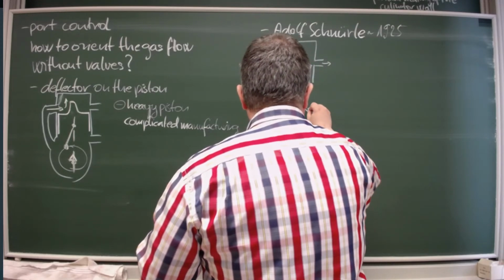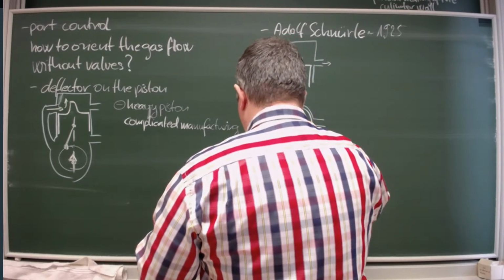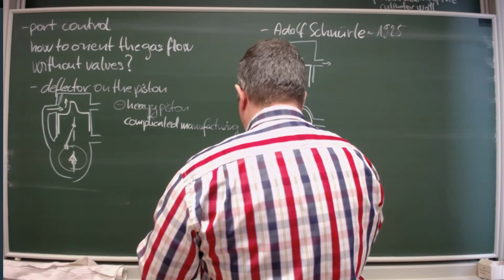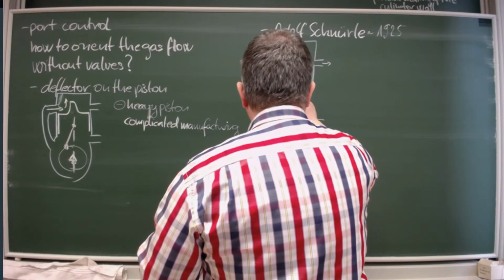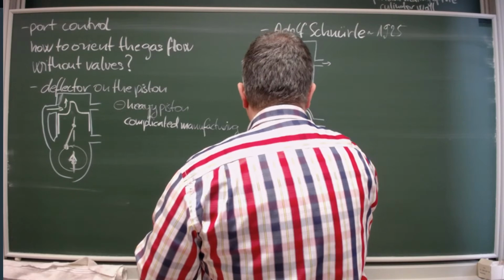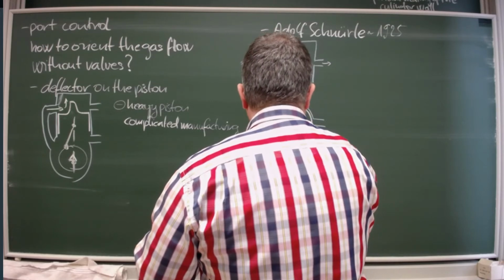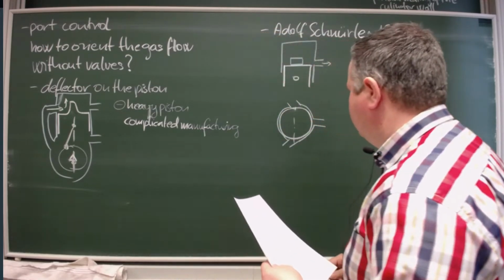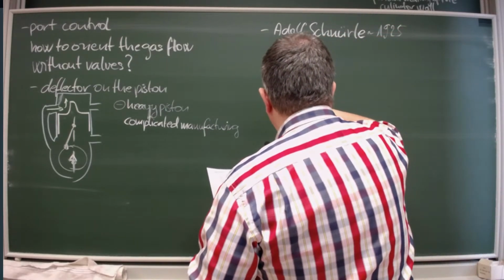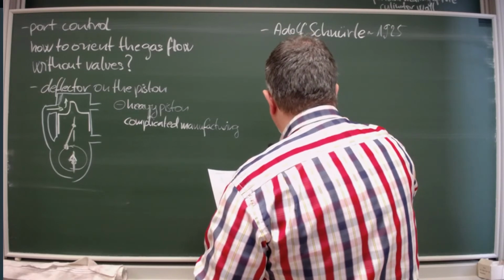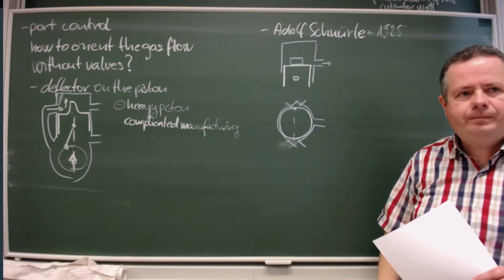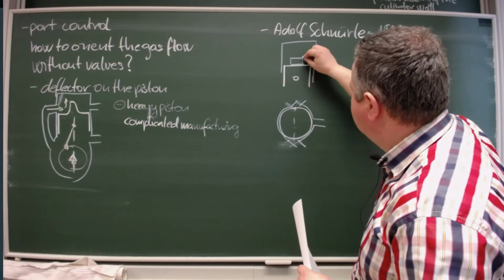But what happens if we get, instead of one, two transfer ports? And these two transfer ports go where? These two transfer ports go like this, oriented in the space. So they come from that side somehow.